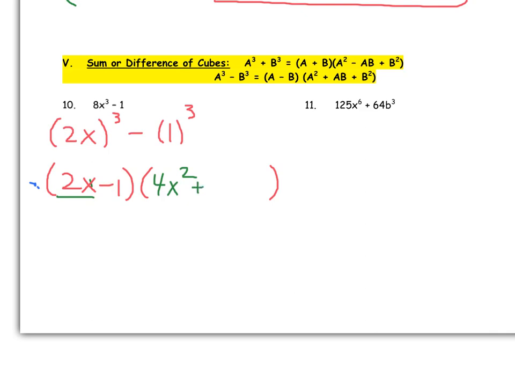And then I continue with the product of my a times my b, 1 times 2x. I have a 2x in there. My last term is going to have a positive, and I come back to the second perfect cube that I had here, and I square it. 1 squared is 1. And now I've got my binomial factor times my trinomial factor.